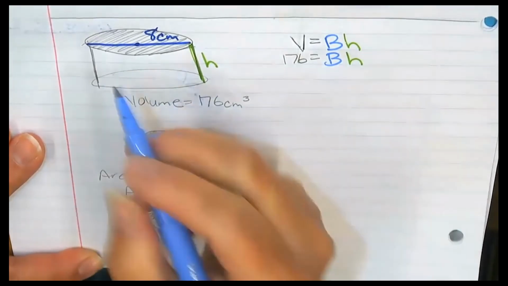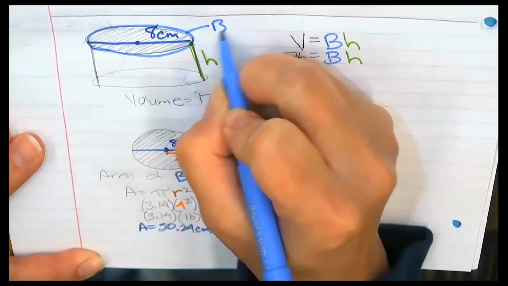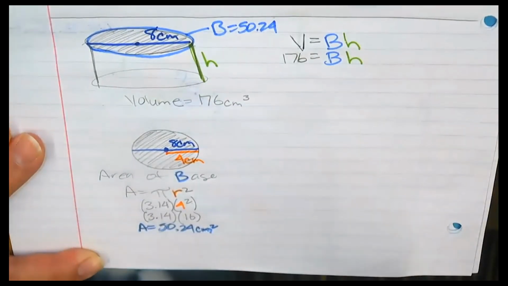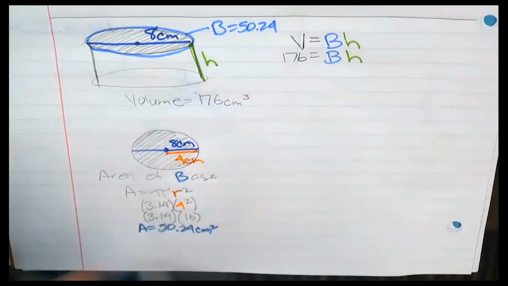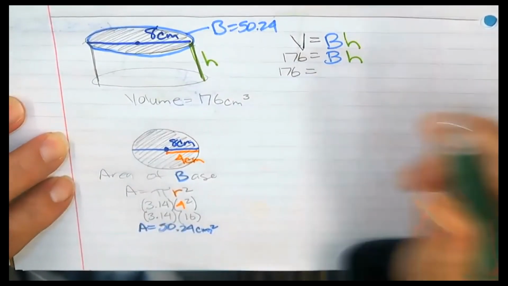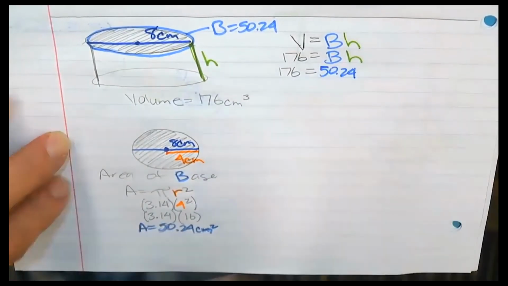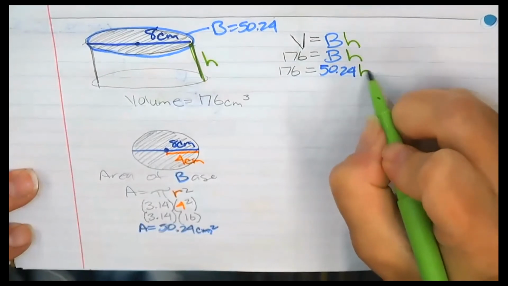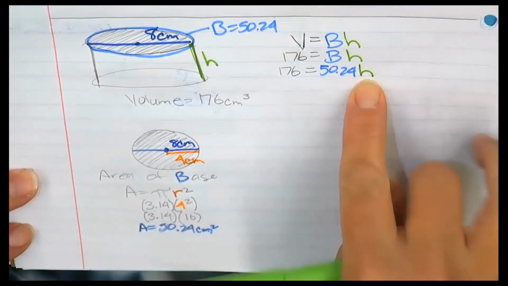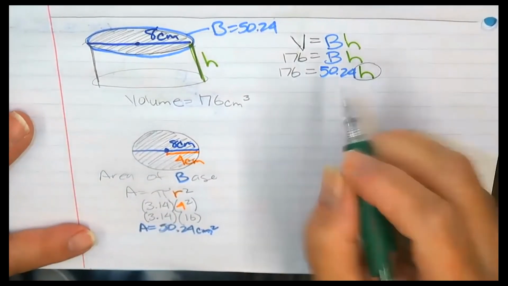Okay, this is my base. Now I can substitute that in here. It's telling me the volume is 176. My base is 50.24 times h. Can I now figure out h, this variable? Absolutely, I can. I want to isolate that variable.